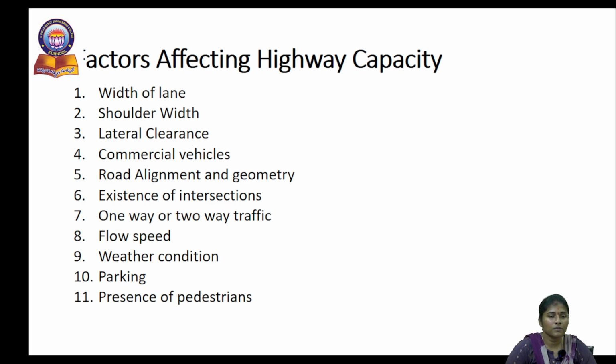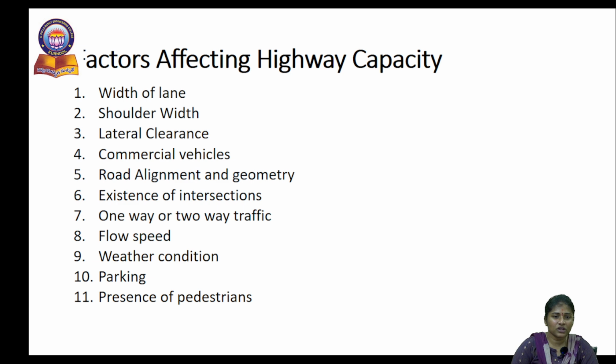So next is commercial vehicles. If commercial vehicles, that is heavy vehicles, are more in the traffic platoon, then the capacity will decrease, because the space occupied by those vehicles will be more when compared to other kinds of vehicles. Next, road alignment and geometry.